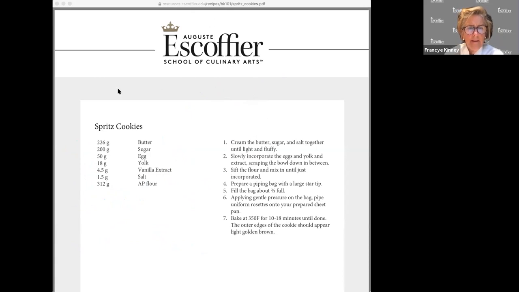Okay, so let's now take a look at another formula. We did this before, but I thought these cookies looked good. Let's talk about figuring out the percentages, looking at the general baker's math.